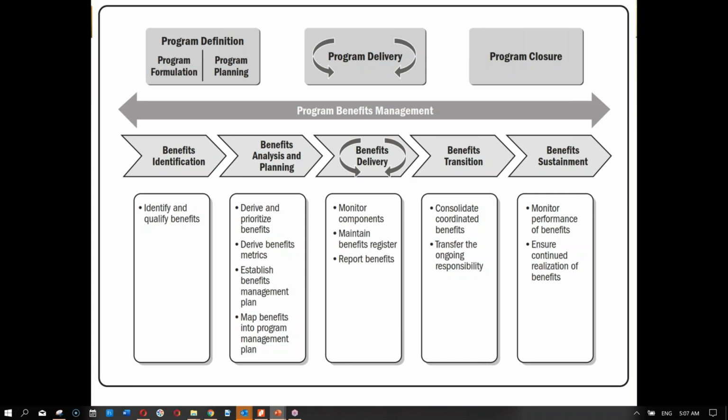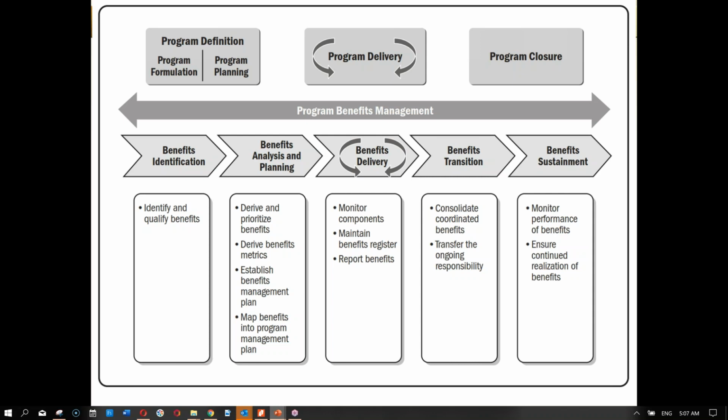Then comes the mapping of the benefits into the program management plan. Would that be the last step in program definition, in the analysis and planning? No, not the last step in definition.